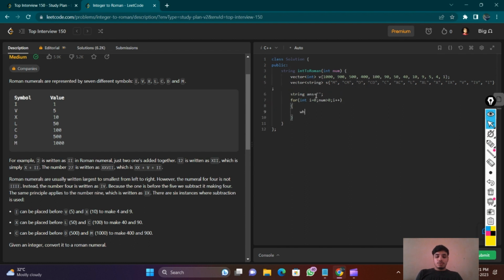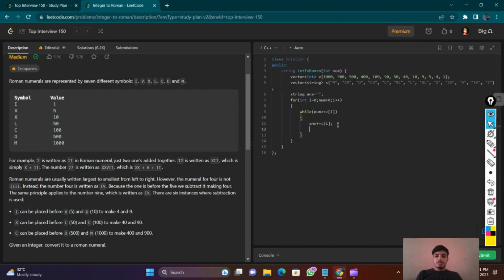Now we check one condition: while our num is greater than or equal to v[i], as I have already stated. If this holds, then first we add the symbol present in our string vector to our answer string, so ans plus equals s[i].